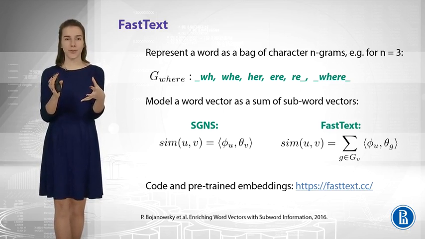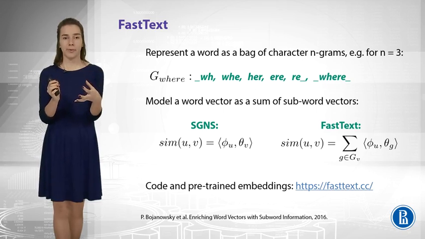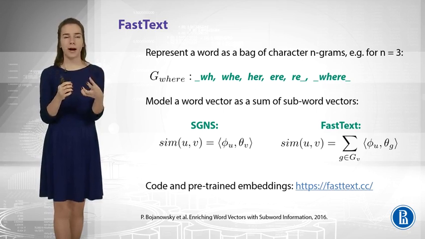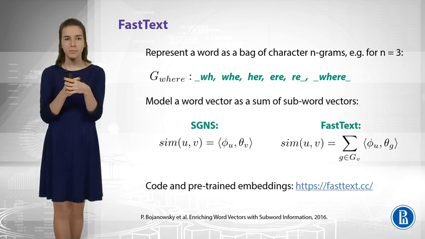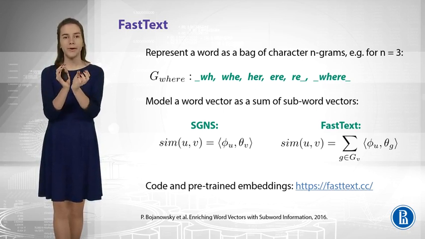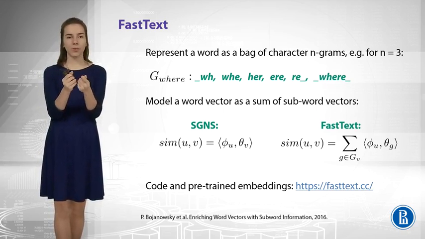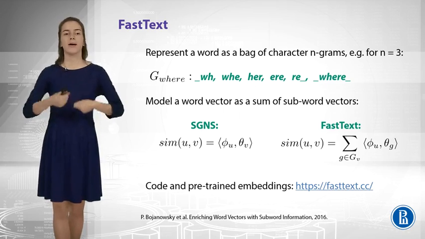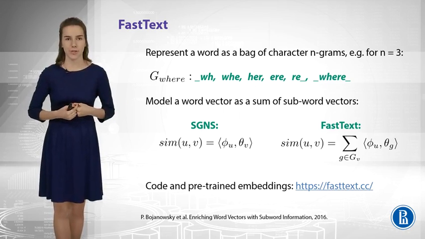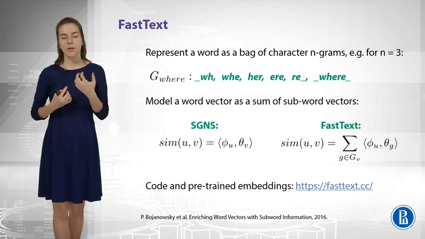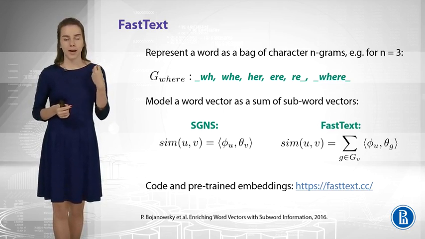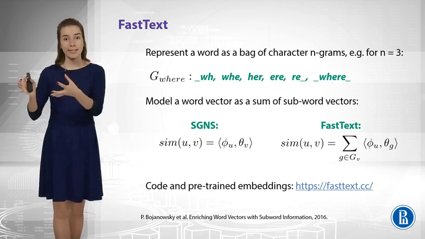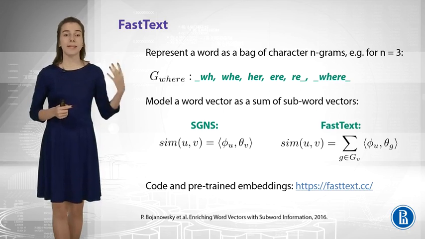Now, how can we use this? Well, if you remember, in skip-gram negative sampling, we had some similarity between two words, and we could represent it just by the dot product of these words. Now, what if the words are represented not by vectors, but by a set of vectors? Well, we can sum.